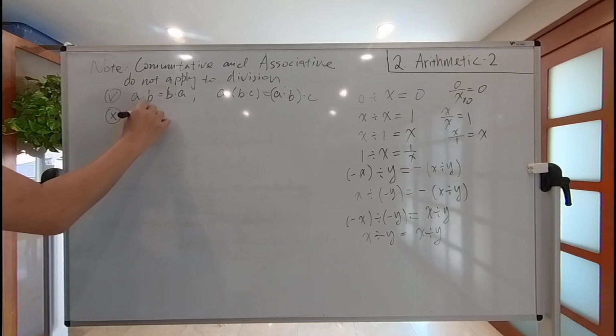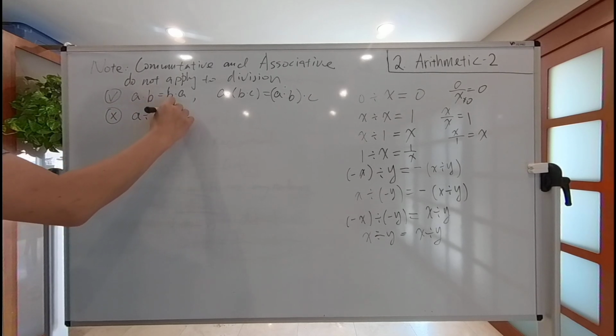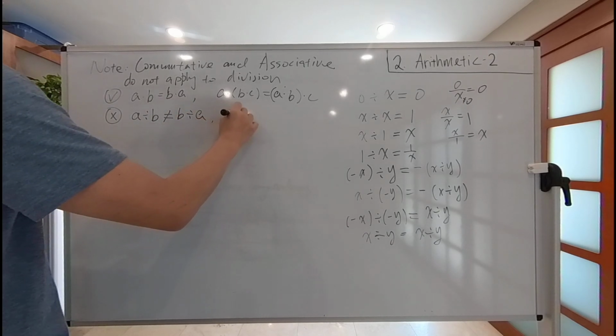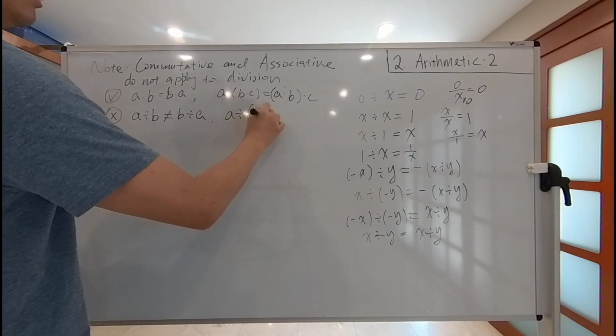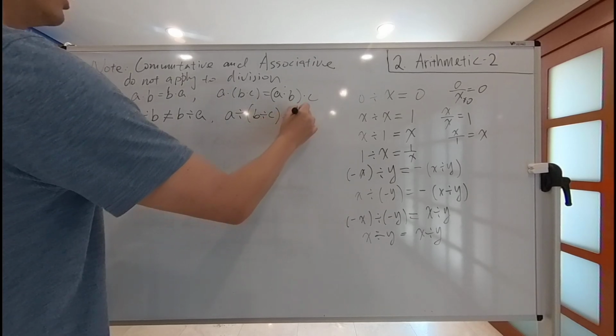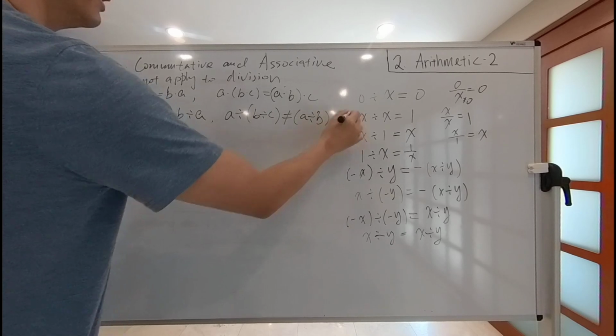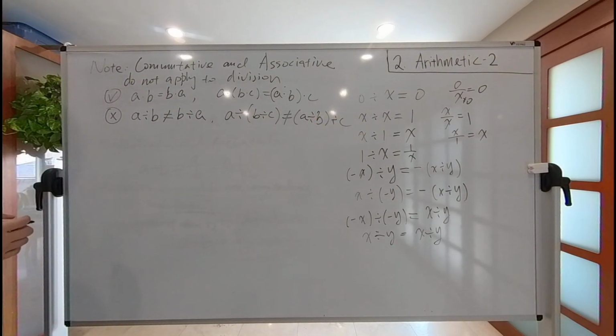Basically, a divided by b apparently doesn't equal b divided by a, right? And also, if I have a divided by b divided by c, it's also not going to be equivalent to this associative way, right? It's probably not that obvious in the symbolic format, so let's give a couple of quick examples. Then you will see right away that they are not equivalent.